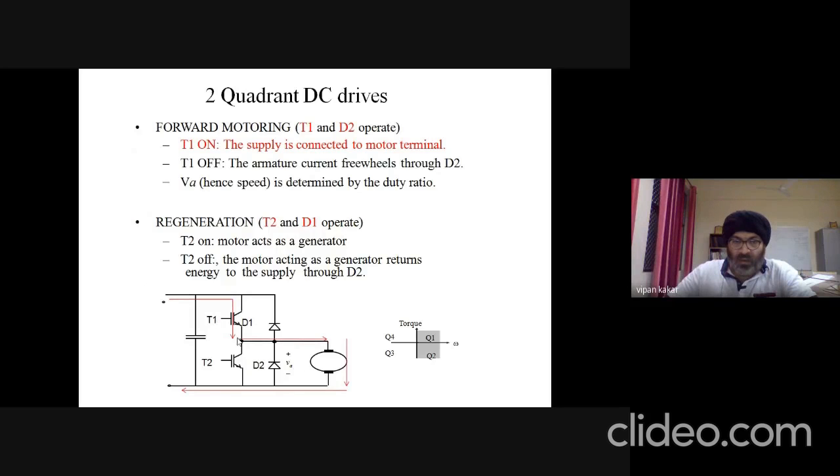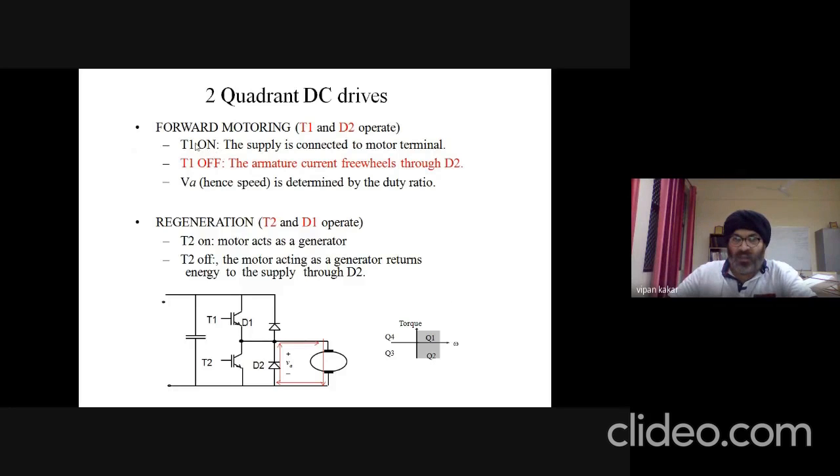So this will be the supply voltage here, connected to the negative and positive terminals. So armature voltage VA is equal to duty cycle D multiplied by the supplied voltage. That is determined by these two operations, T1 on and then T1 off.